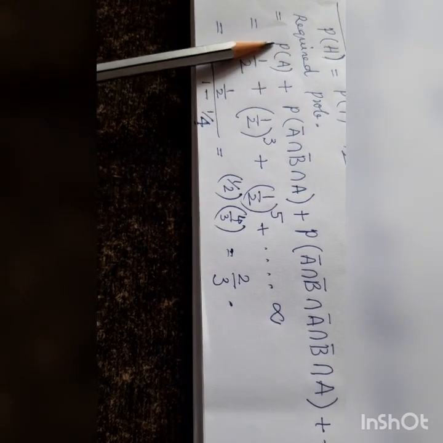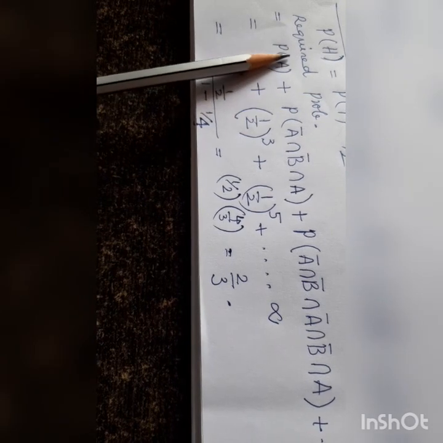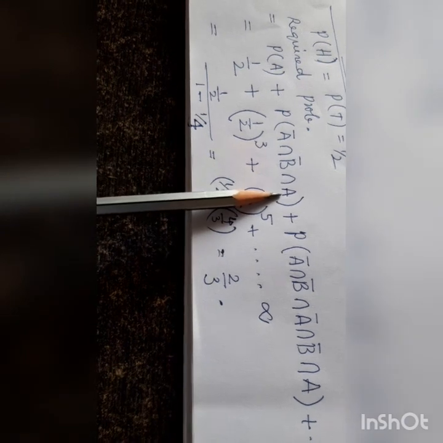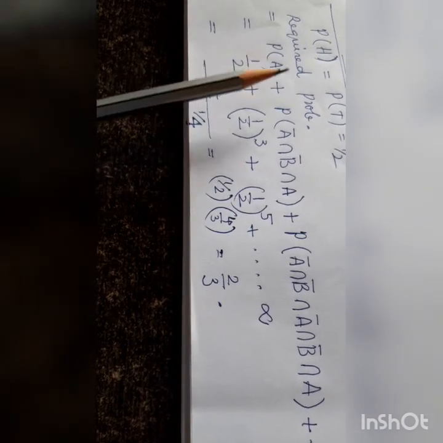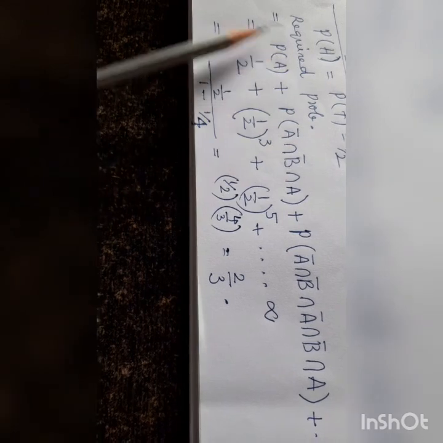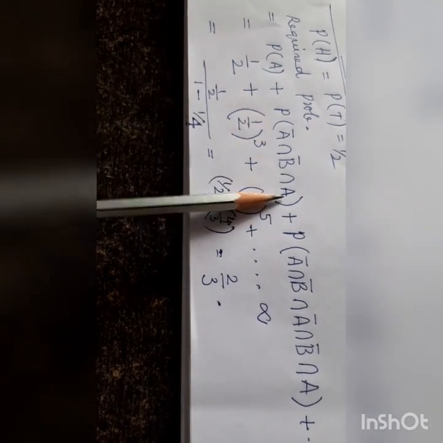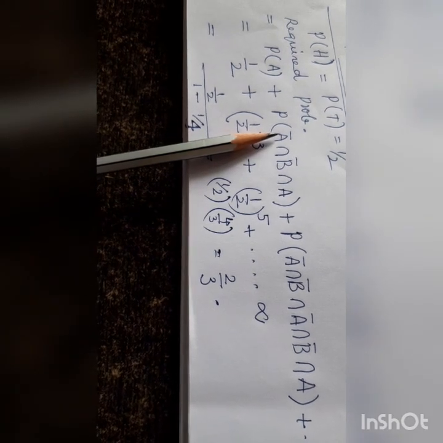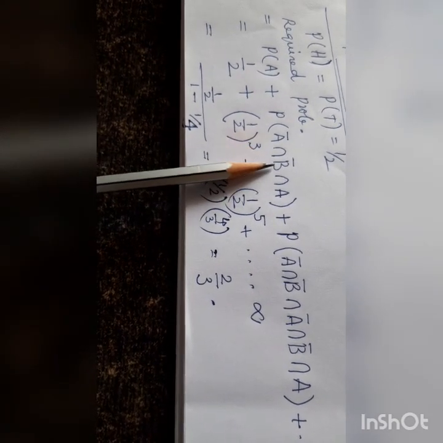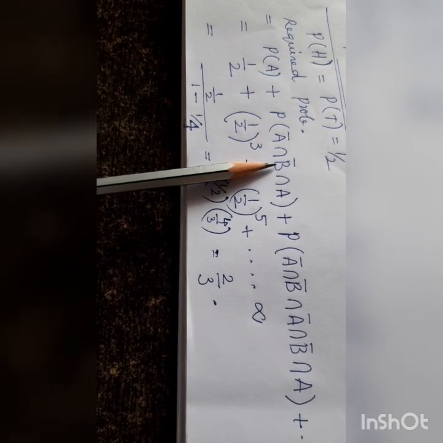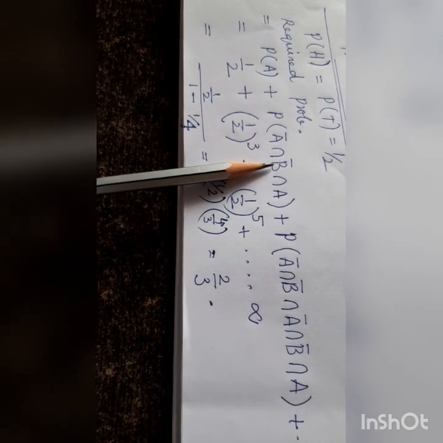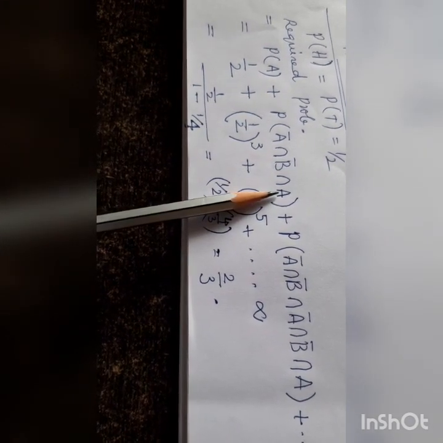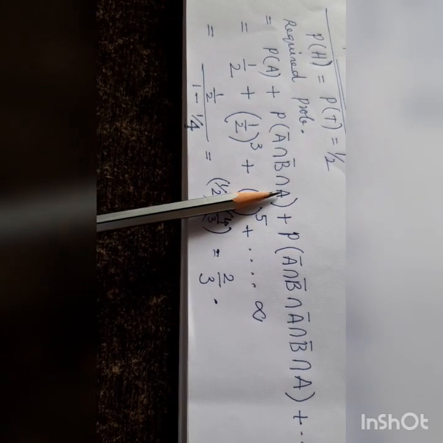This is one happening. Next, the second happening means this does not happen. Then what will be happening? A doesn't get head, he doesn't win the toss. B doesn't get head. Again, it comes to A, tossing. So he gets head. A gets head.